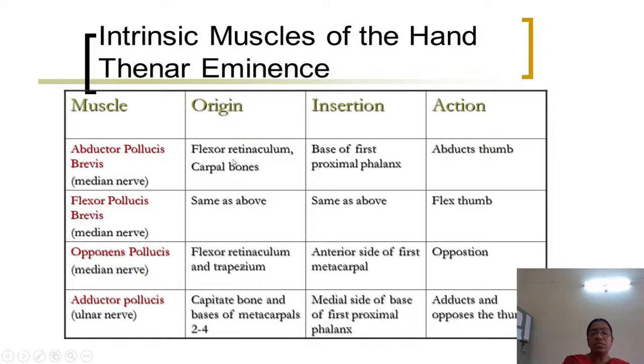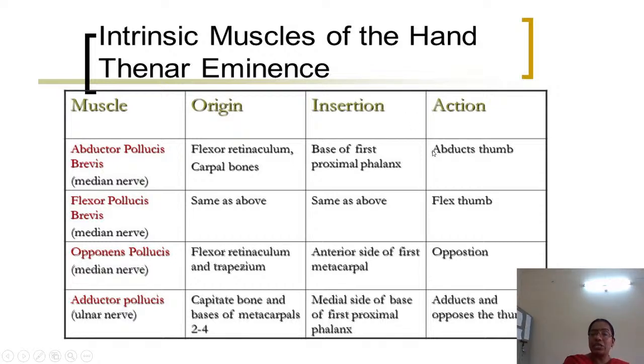The common origin is the flexor retinaculum, as we have just studied, and the carpal bones. Insertion, for abductor, flexor or opponens pollicis, is into the base of the proximal phalanx and the metacarpal.